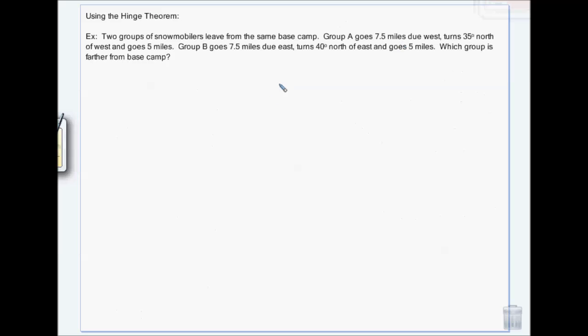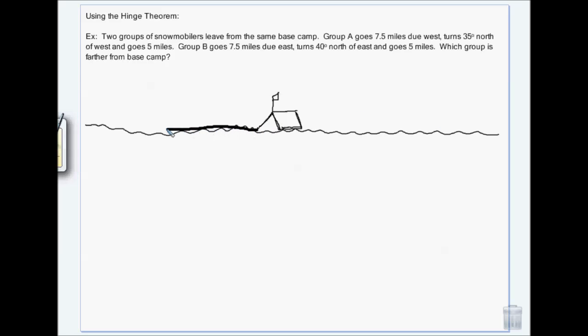Snowmobilers leaving from the same base camp. All right, so we've got base camp, it's a tent, and it's snowy out like usual, because they're snowmobilers, so snow. Now, group A goes 7.5 miles due west.